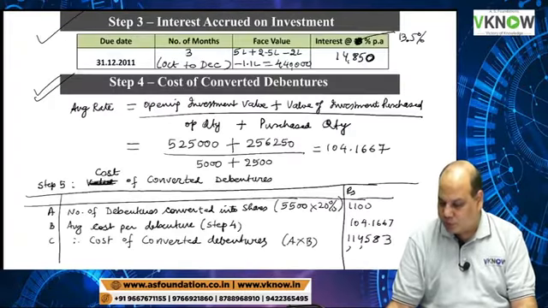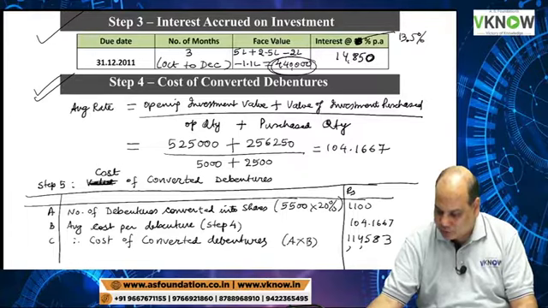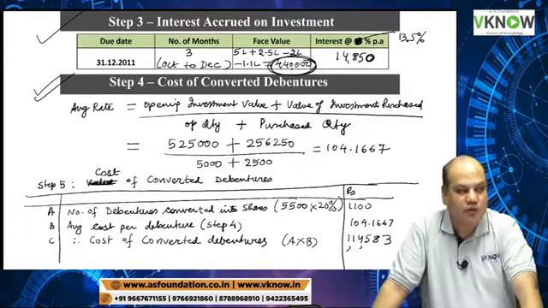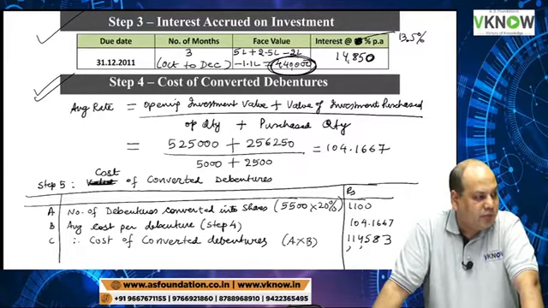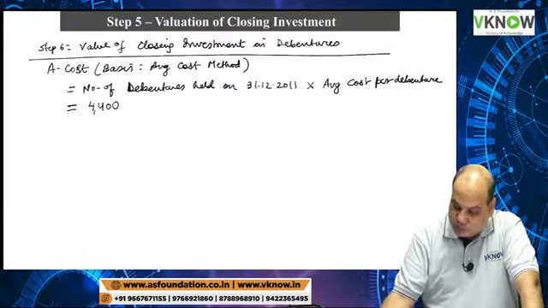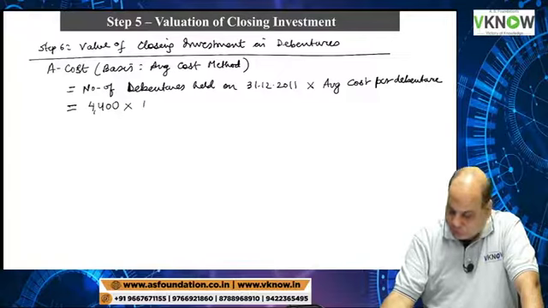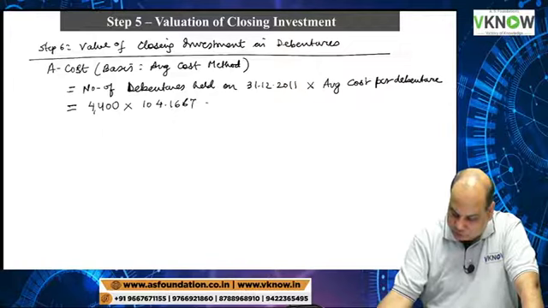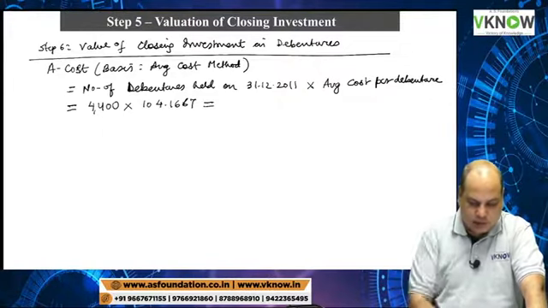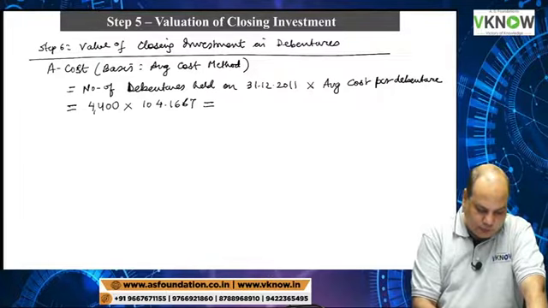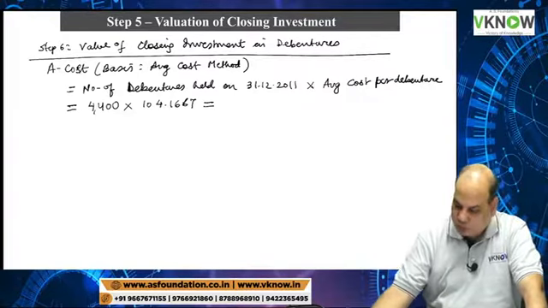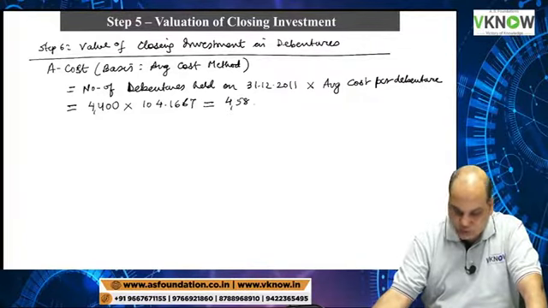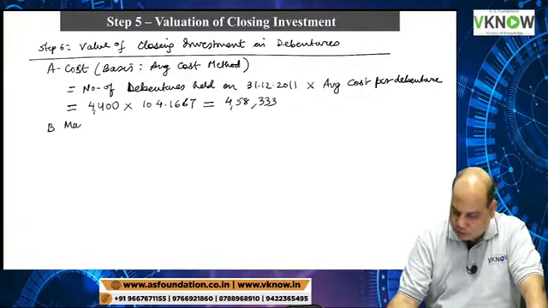You can see I'm going to the previous page. On the screen at the top is 4,40,000 rupees divided by 100 will give you 4,400, and the average cost is 104.1667. So please calculate and give me the answer. 104.1667 into 4,400 comes to 4,58,333.